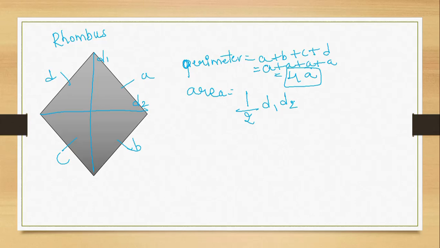The formula to find the area of the rhombus is 1 by 2 times diagonal 1 into diagonal 2. This is the formula for the area of the rhombus.